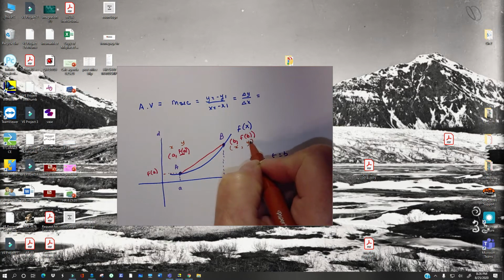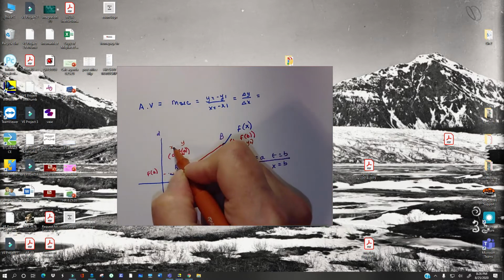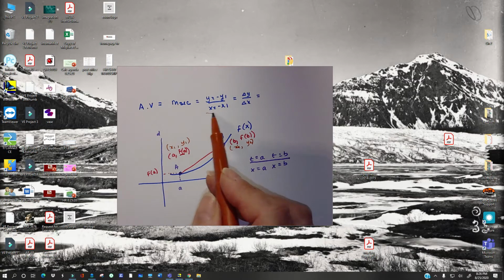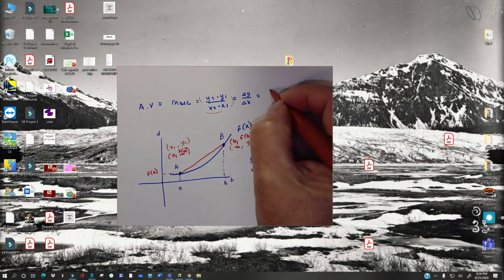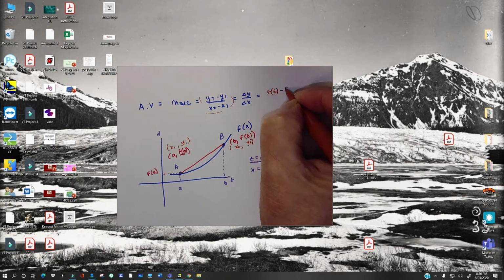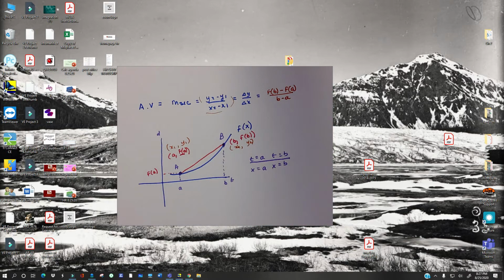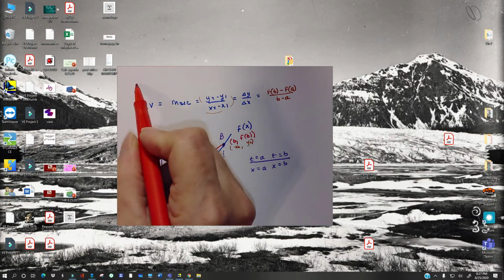And if you want, you can call that y2 and x2, and you can call this x1 and y1 here. So I'm using this same formula, but now I'm using the function notation instead. So I could say that this is equal to f of b minus f of a all over b minus a. Okay? All of these statements in this red box are equivalent.